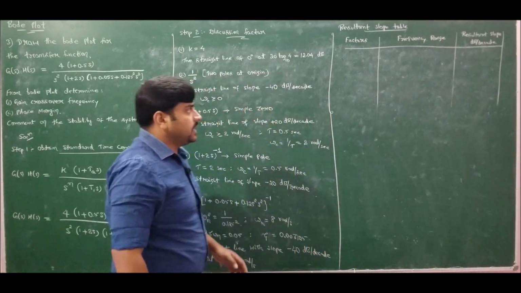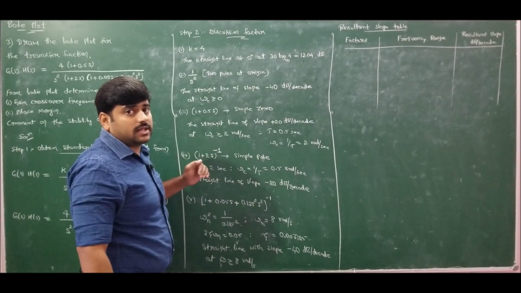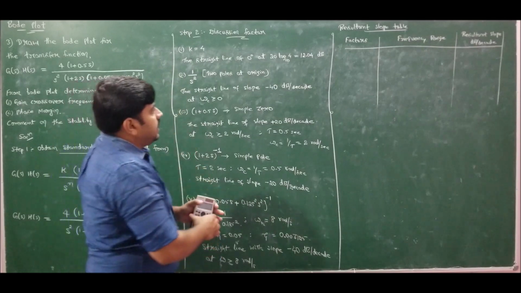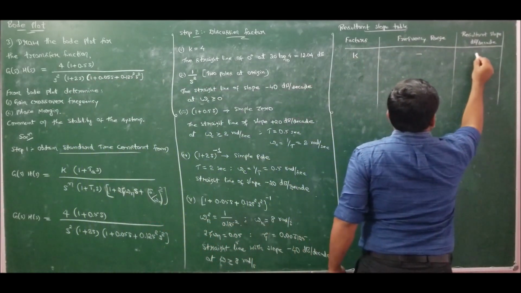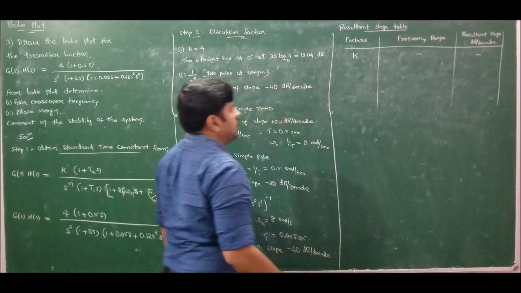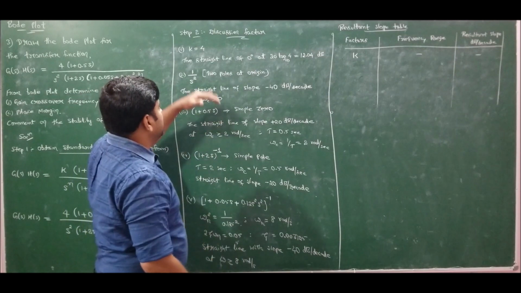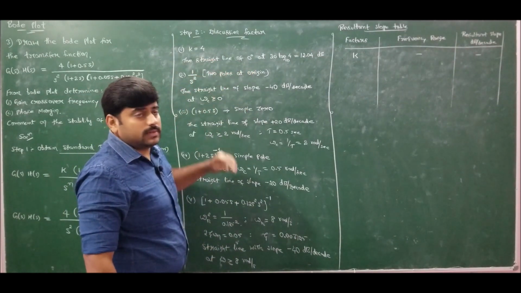As I already said, I should consider the factors in increasing order of their frequencies. So if I go for K, the first term, it does not have anything, right? No frequency range, no slope. It is a straight line at 0 degree. What I mean to say is that it is not an inclined line, so therefore slope will be 0.